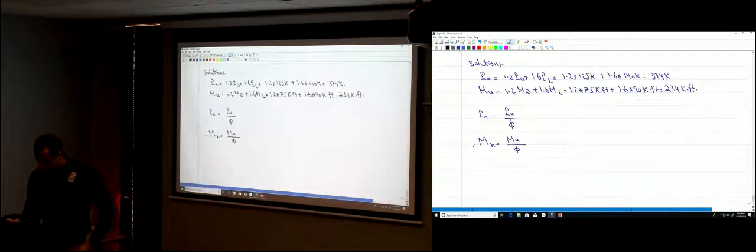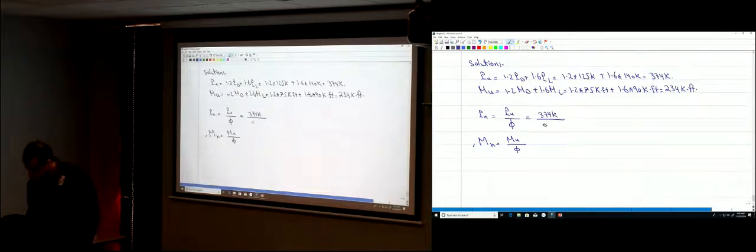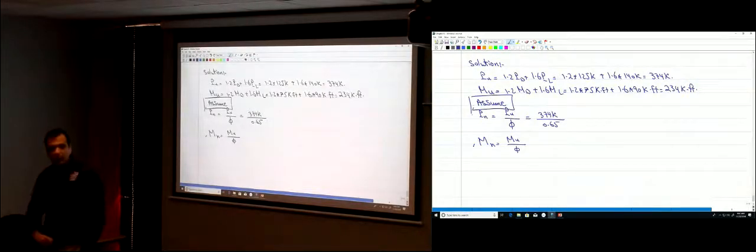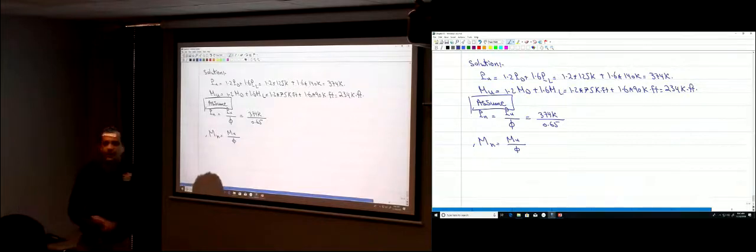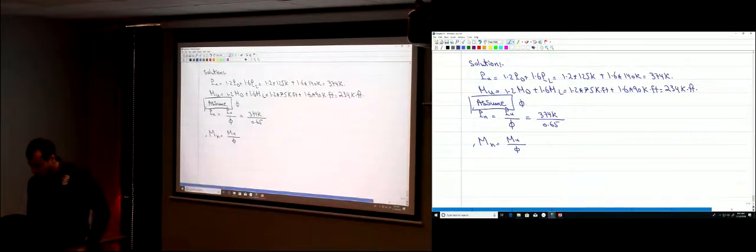So Pn is 374K divided by phi, which is 0.65. Here I put the word assume in the box. This is an assumption you have. Once you assume something, you have to check later on that your assumption was correct.